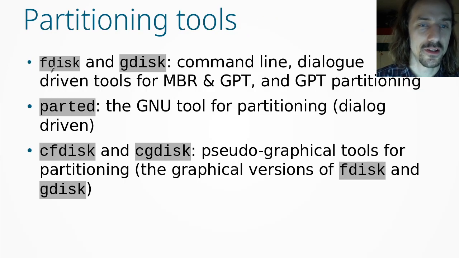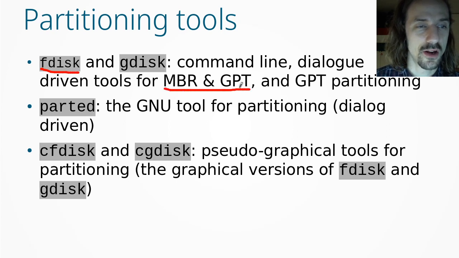We have several partitioning tools available for us on the Arch Linux ISO. Fdisk is the very first base utility, which is a command line utility and is good for master boot record and GUID partition table also.